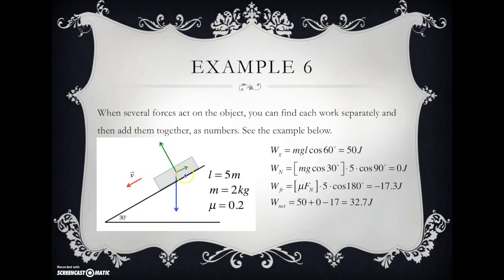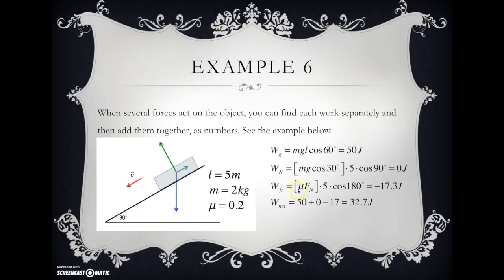Now, force of friction is directed up the incline. Kinetic friction is always directed opposite to motion. So with force of friction, you always end up with a 180-degree angle between the force and the velocity.